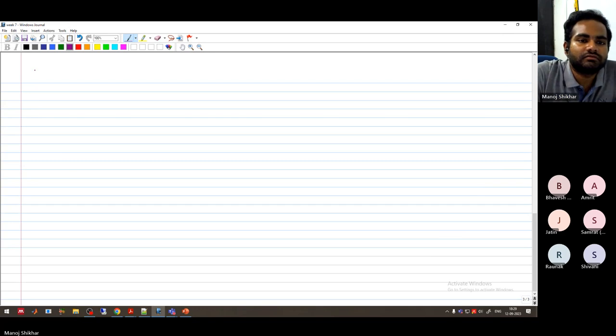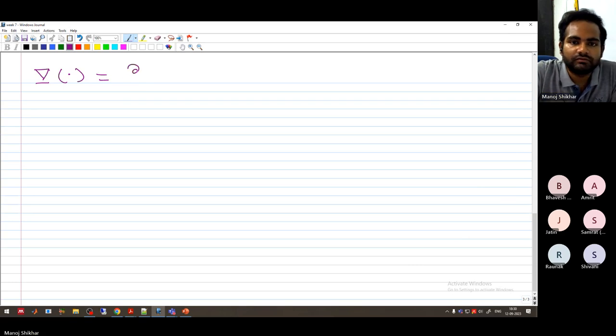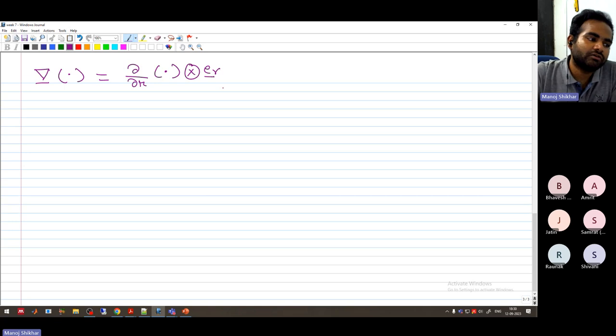The gradient of any quantity is defined as, so this is the definition. This is how the gradient is being defined.